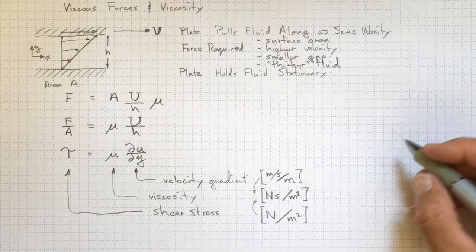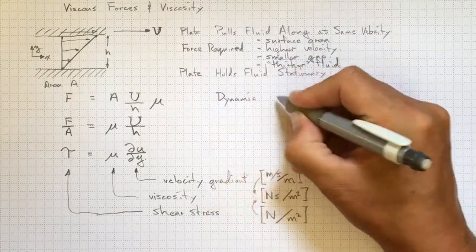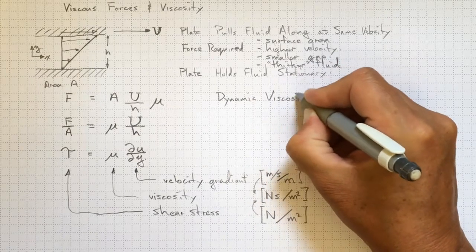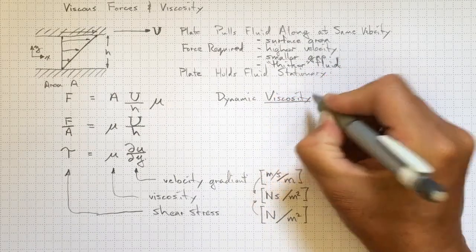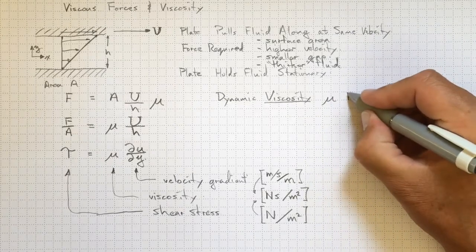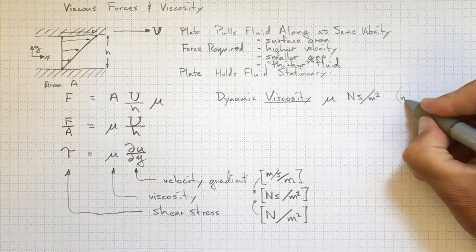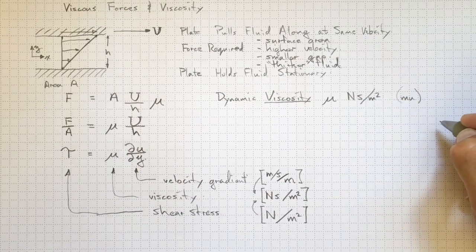So this viscosity here, this mu, is referred to as the dynamic viscosity or just viscosity. It has the symbol mu, a Greek letter, and it has units Newton seconds per square meter. So just remember that's Greek letter mu.